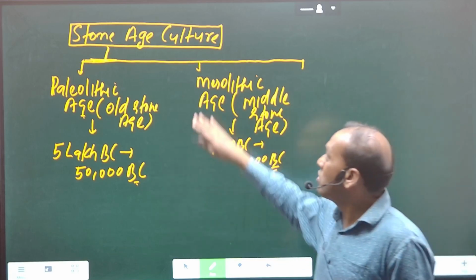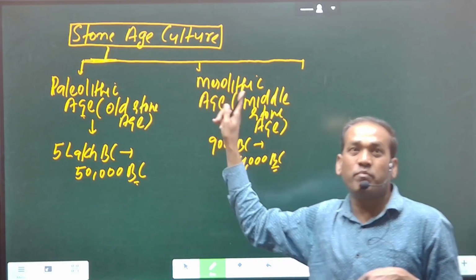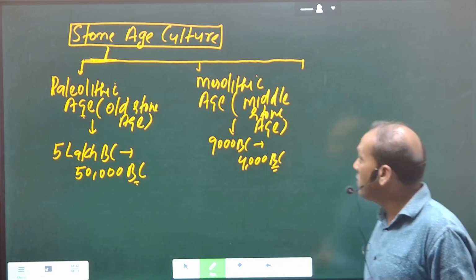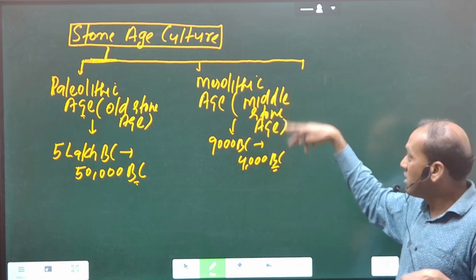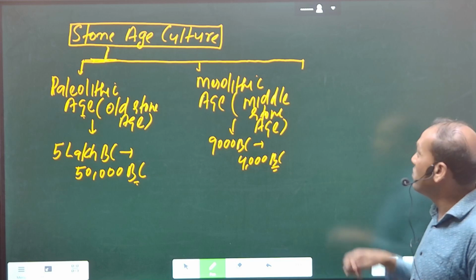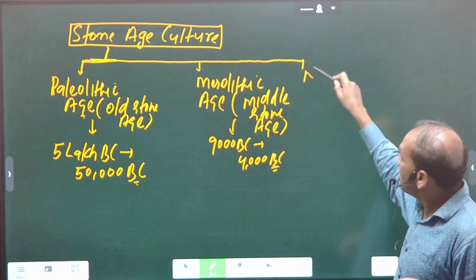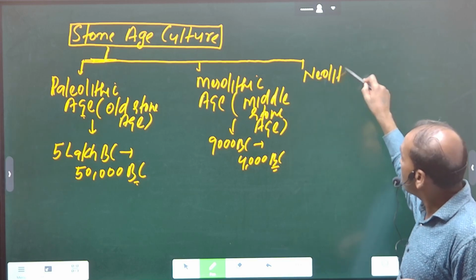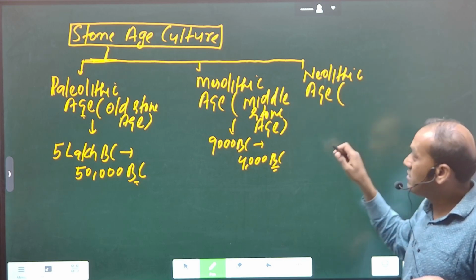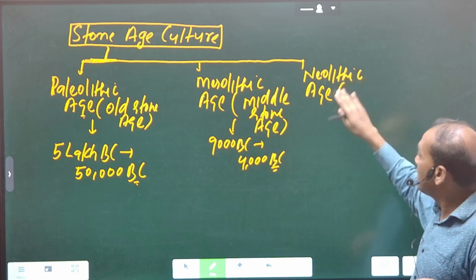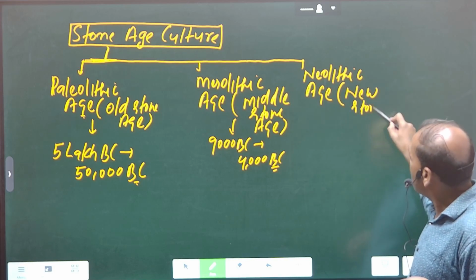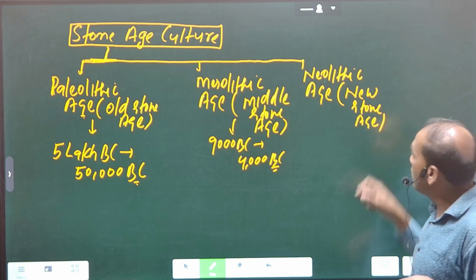So Stone Age culture is divided into three main parts. Paleolithic age 5 lakh BC to 50,000 BC. Second is Mesolithic age, Middle Stone Age 9000 BC to 4000 BC. And third is Neolithic age. The general term for this Neolithic age is New Stone Age.